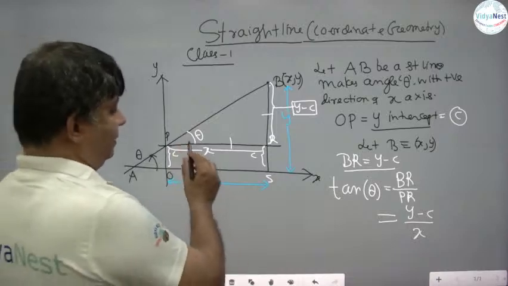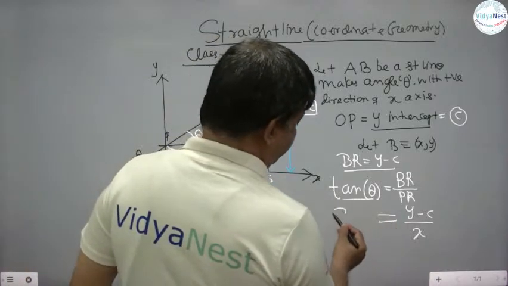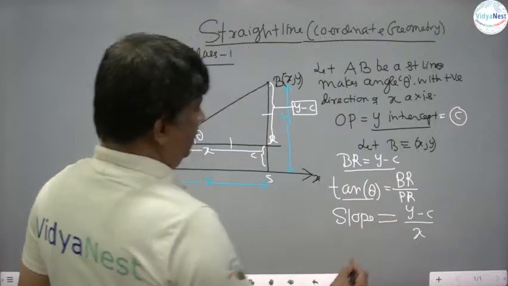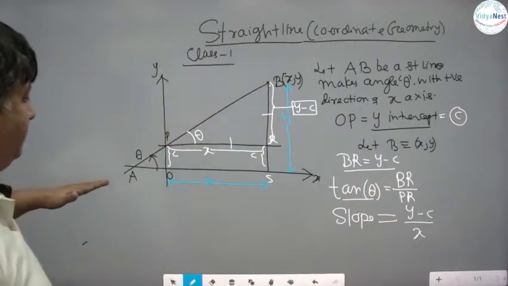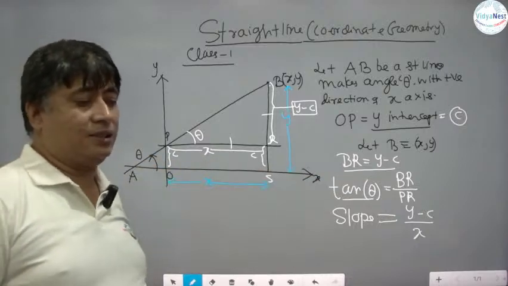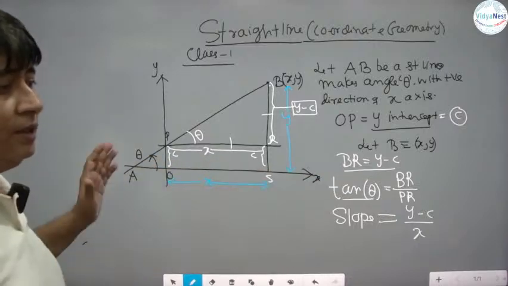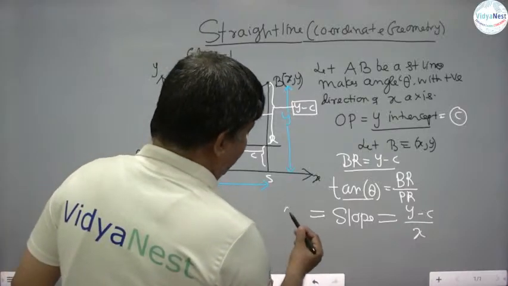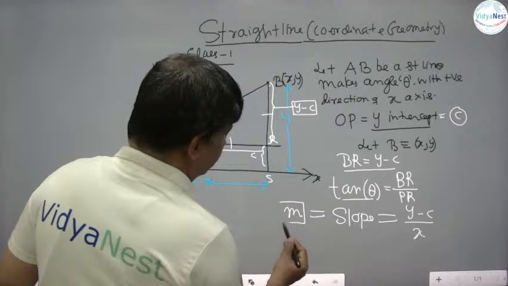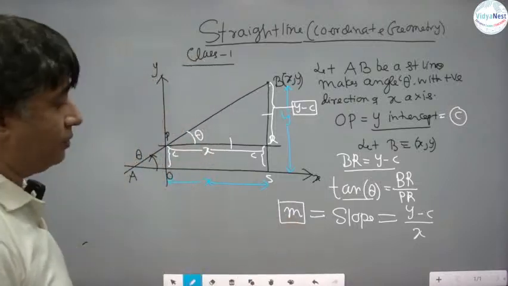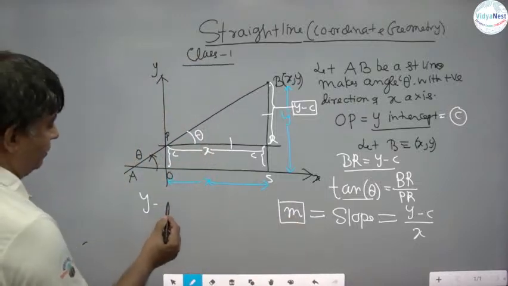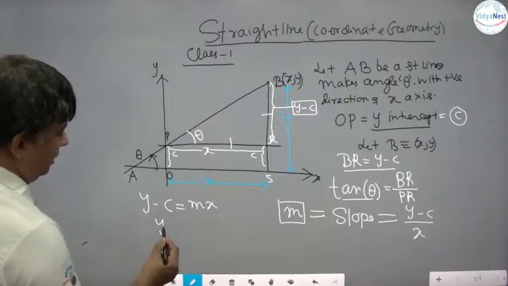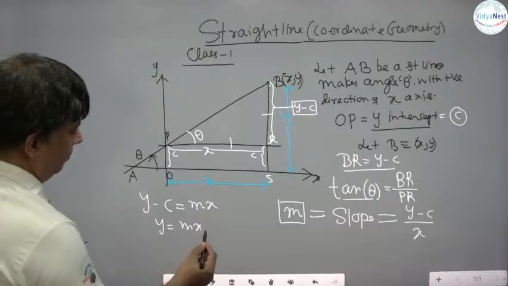Now that tan theta is called slope. Slope means inclination of a line with horizontal axis, and it is denoted by m. So if I cross multiply, y minus C is equal to mx. So y is equal to mx plus C.